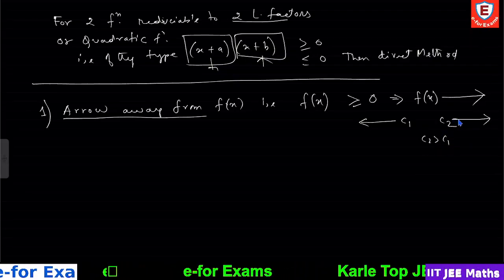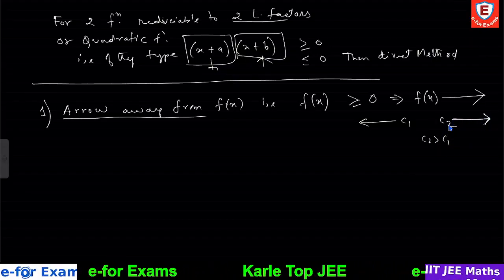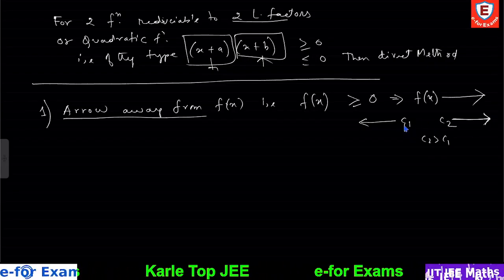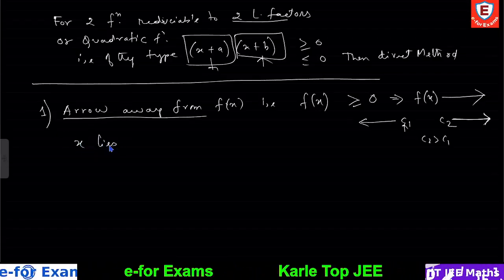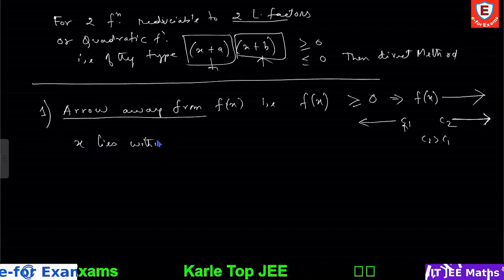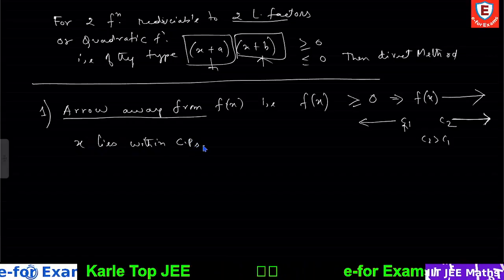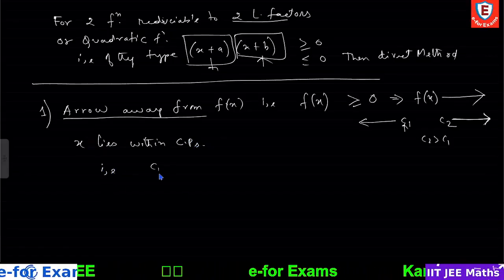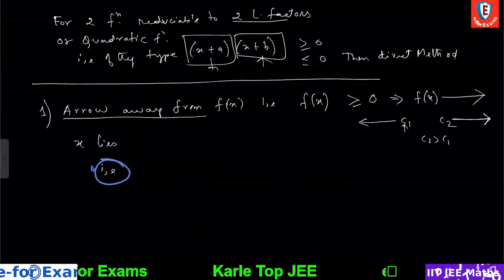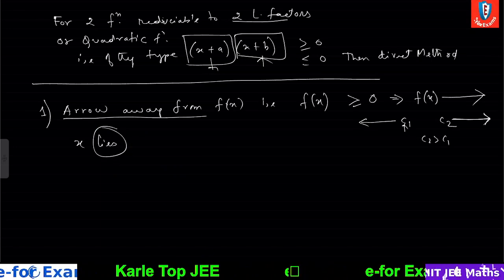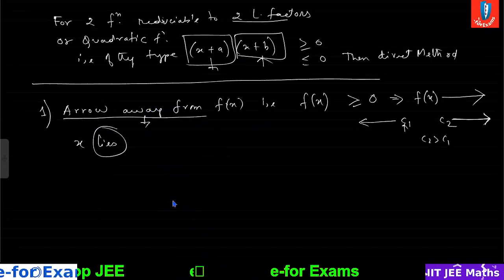Then the value of x will be going away from C2 towards the right, and the smaller one is C1, so towards the left. Going away means beyond the critical points.